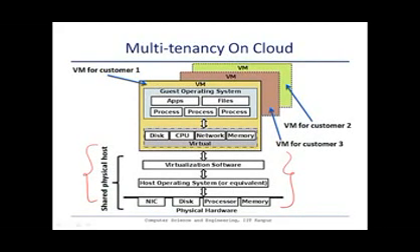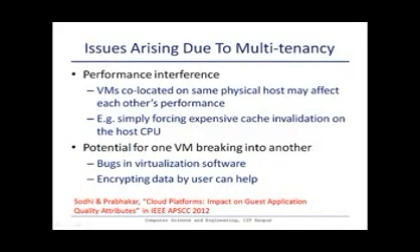If your application is constantly forcing the cache to be evicted, then obviously it is going to have an adverse performance impact on the co-located virtual machines, because at the end of the day the underlying physical infrastructure is still shared.